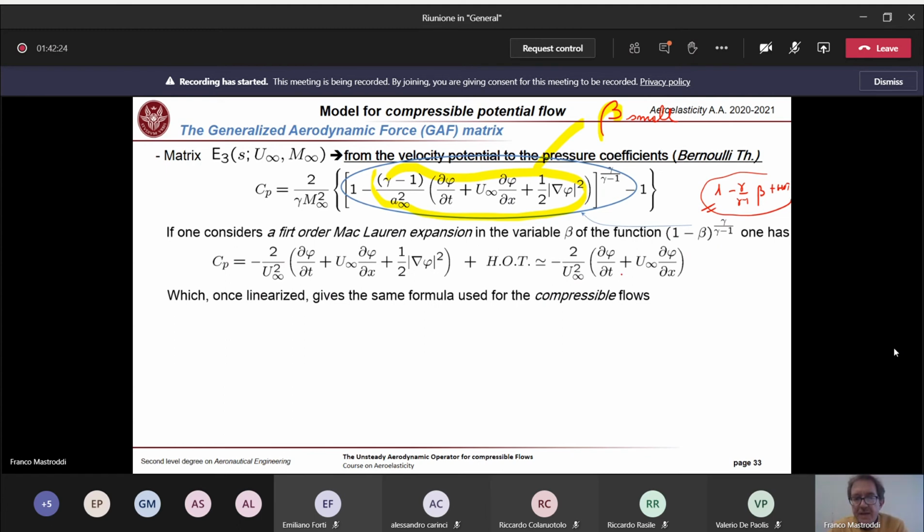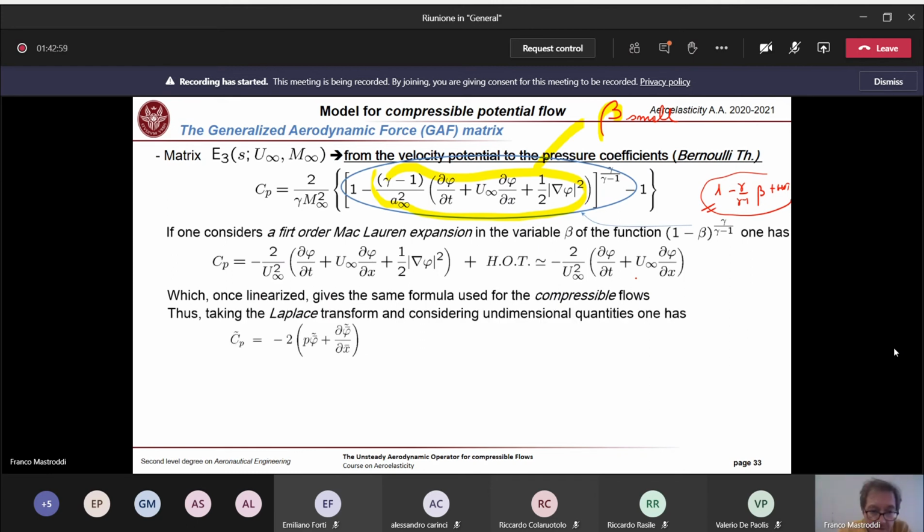And what is this? This is the Bernoulli theorem for incompressible flow. So we have demonstrated that the linearized form of Bernoulli theorem for compressible flow is the incompressible form of Bernoulli theorem. I repeat: the linearized form of Bernoulli theorem in compressible flow is the form of Bernoulli theorem for incompressible flow.